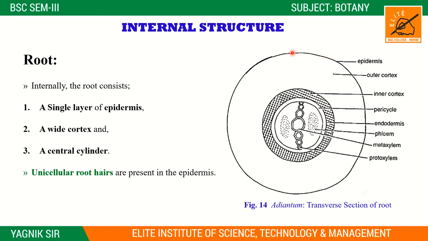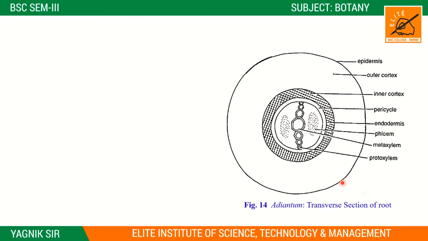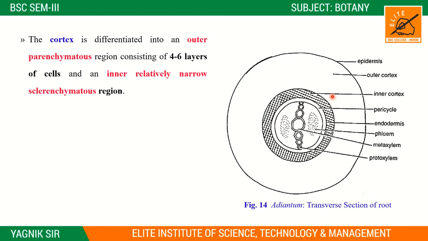So this epidermis is the outer layer of the root, and then the cortex is differentiated into an outer parenchymatous region. Here the outer cortex is made up of parenchymatous cells, and this region consists of 4 to 6 layers, right? And this is the inner, relatively narrow sclerenchymatous region.